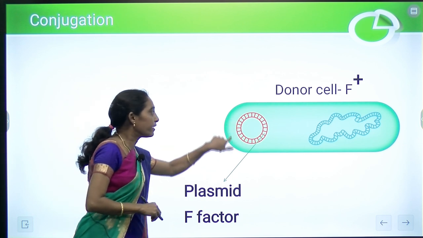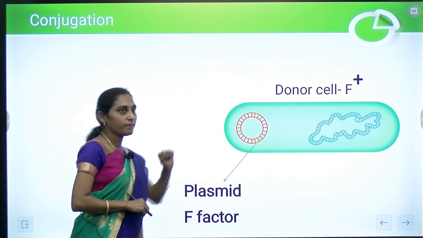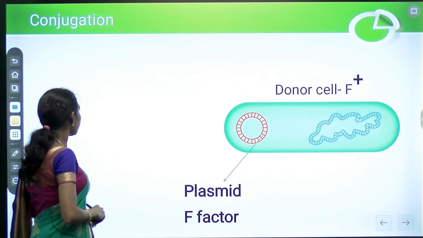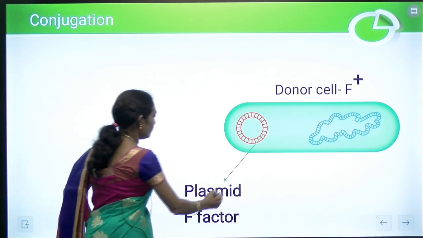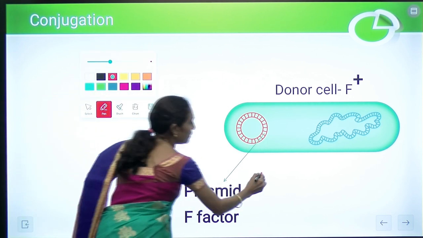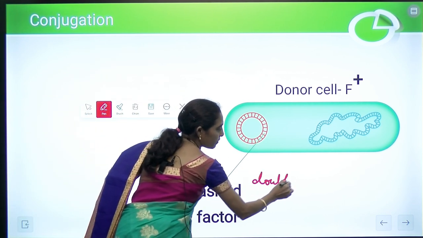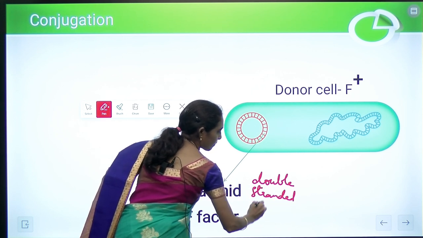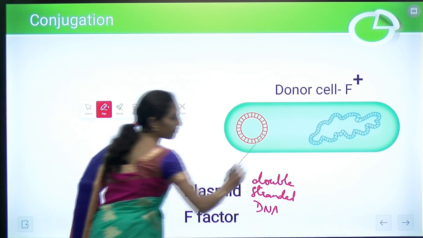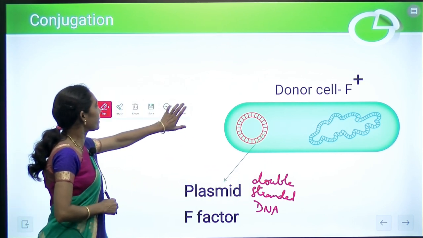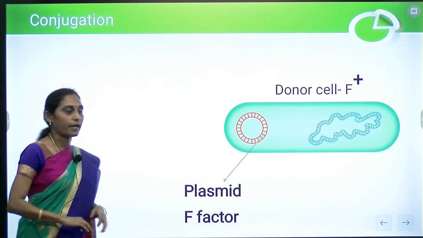This red ring is the plasmid or F factor. It is double stranded DNA and it can replicate its own type.